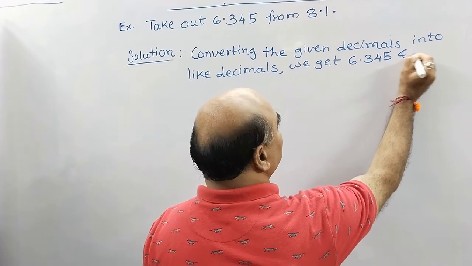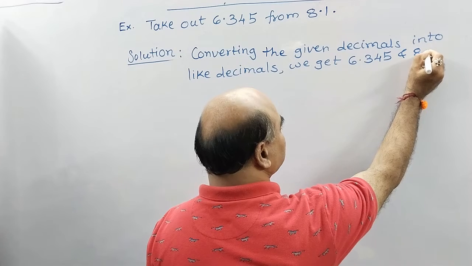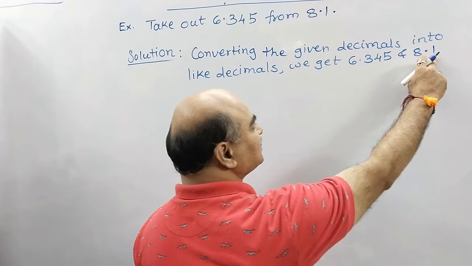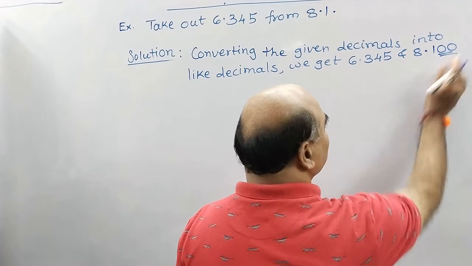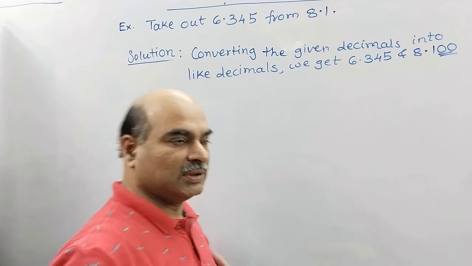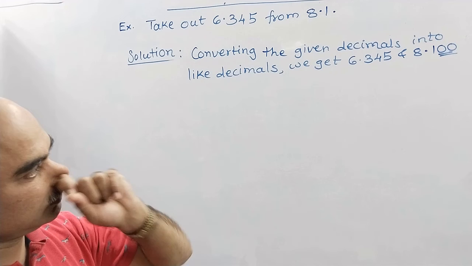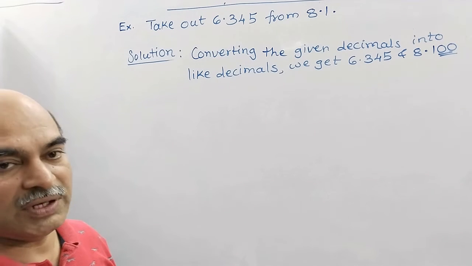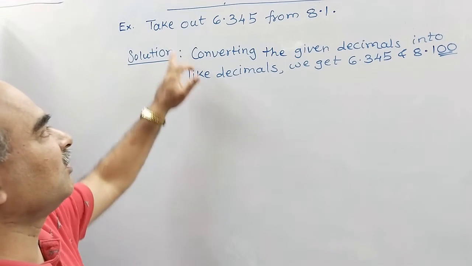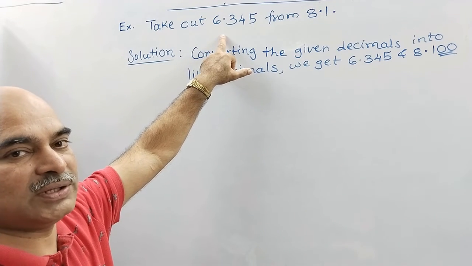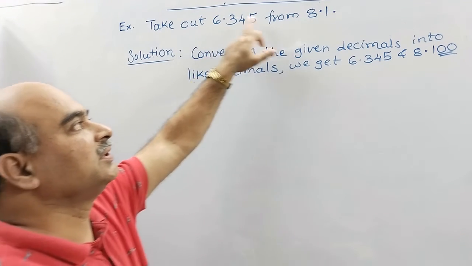But the second decimal has only one decimal place. So if we add two zeros to that number, they will become like decimals. Now take out: we have to take out 6.345 from this number.